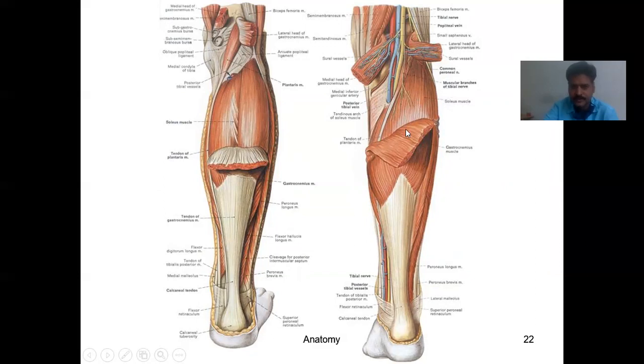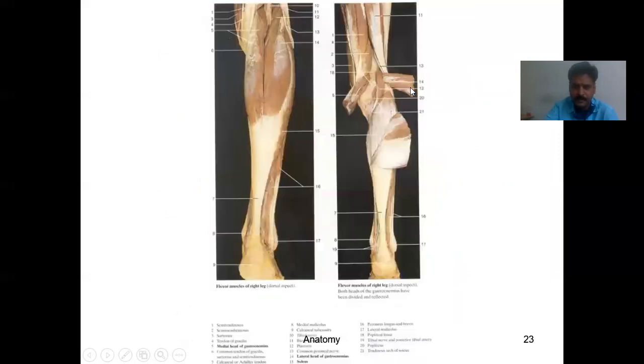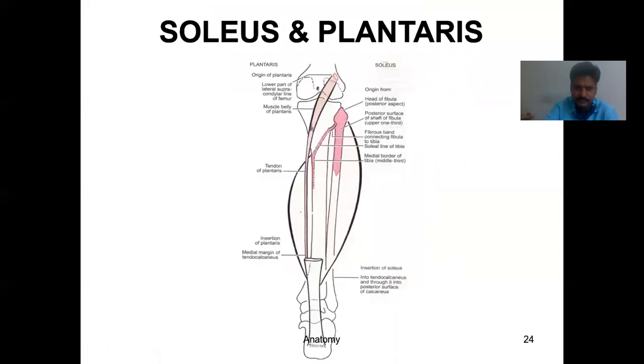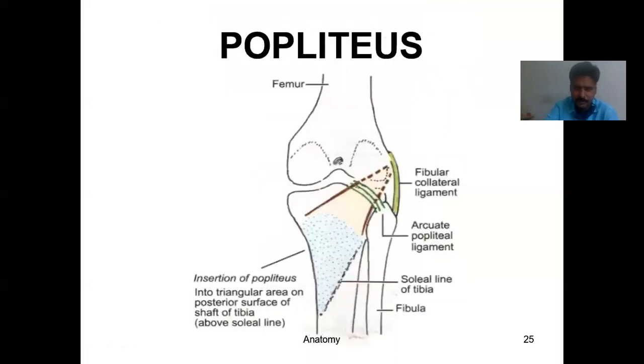Here is the soleus muscle. This is the soleal line, above the soleal line, below the soleal line. Again, the cut ends of the gastrocnemius show the soleus and the plantaris. You see the popliteus here.